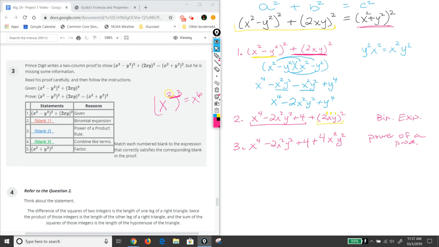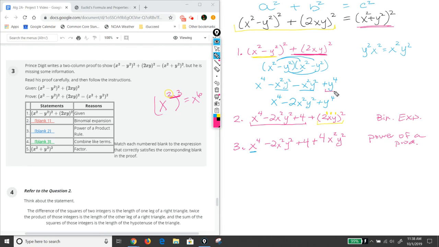Step 3, what did he do? Combine like terms. Okay, so coming back to our previous step, which was step 3, any like terms, x to the fourth terms. Holy smokes, you guys. I just recognized that I had a mistake in here.